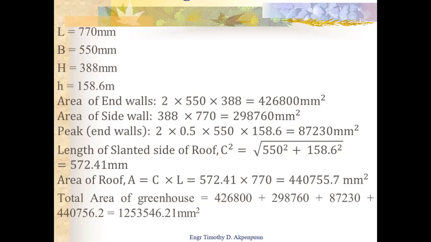So if you have the roof and the body, and you have the height, the length, and the width, what's the volume of the rectangular structure of the greenhouse itself? That is going to be, volume is what? 770 times 550 times the height 388. Right? Yes, sir. Okay.